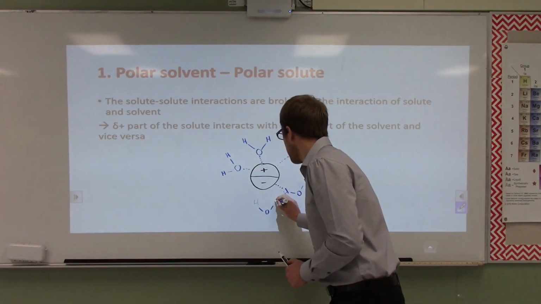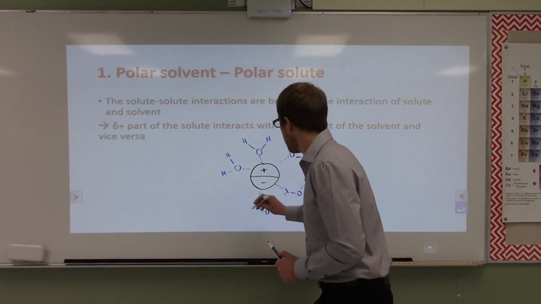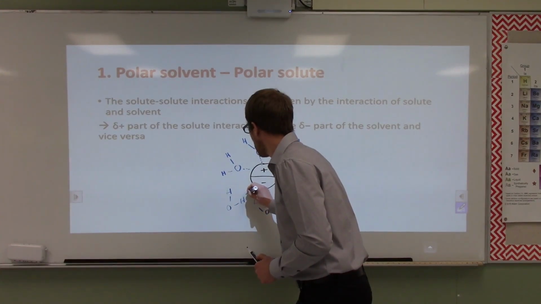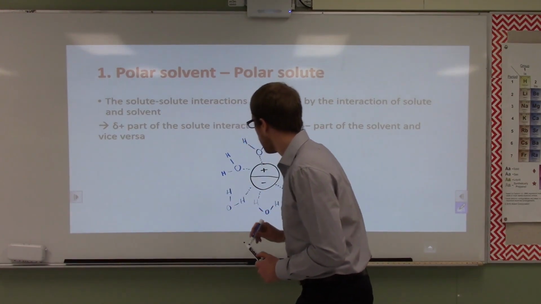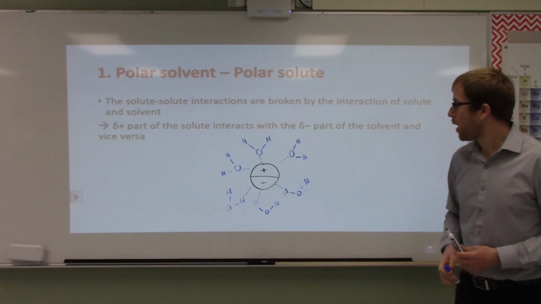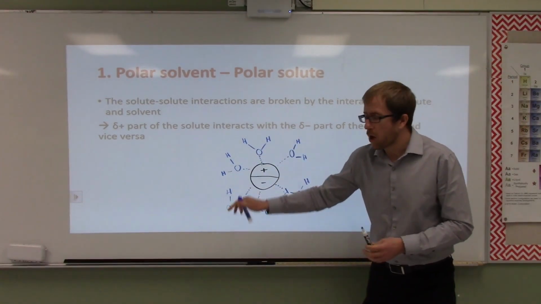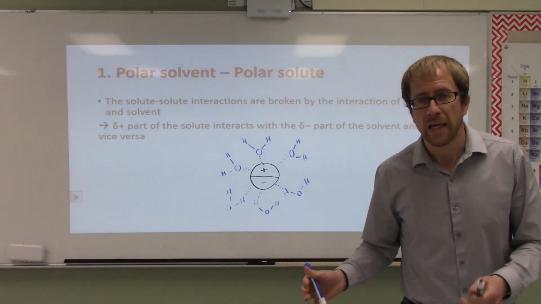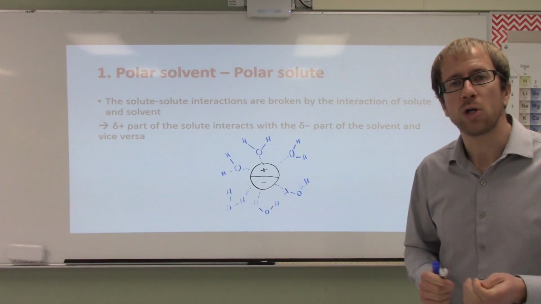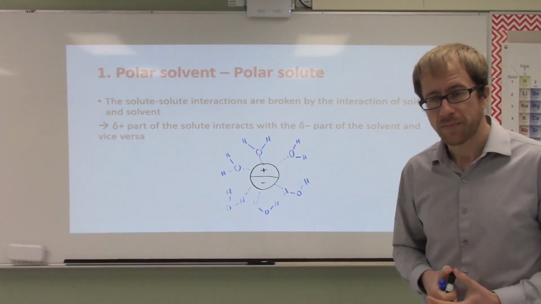So it is this that solvates or surrounds our sugar molecules. So that's what dissolving our sugar will look like in water, right? A polar solute and a polar solvent.